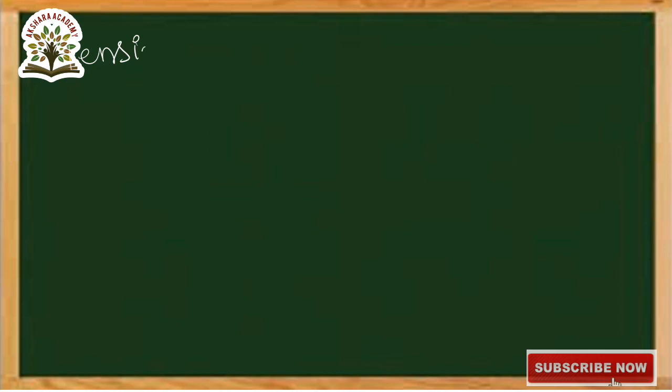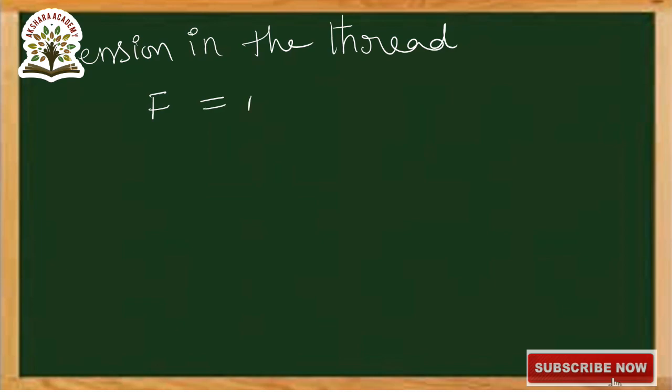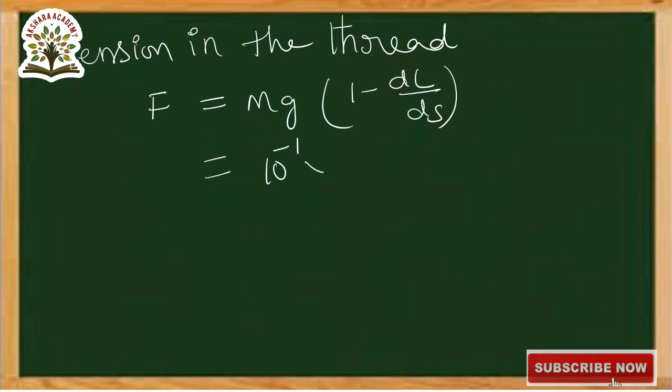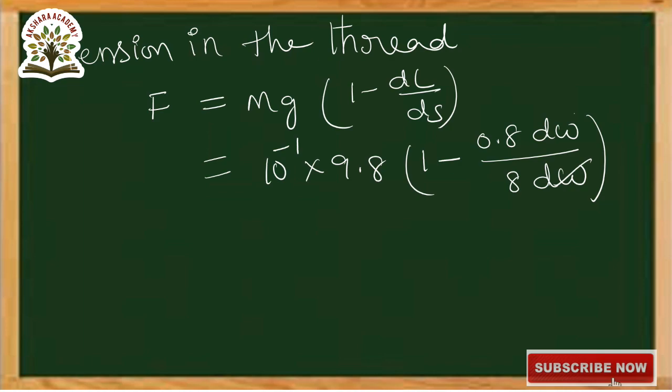Tension in the thread, that is force F, equals mg times (1 minus dl by ds). Substituting the values, m is 10 to the power of minus 1 and g is 9.8, times (1 minus 0.8 into dw by ds), where ds is 8 dw. dw cancels; 0.8 by 8 is 0.1.